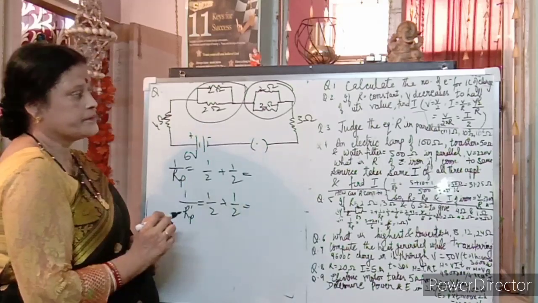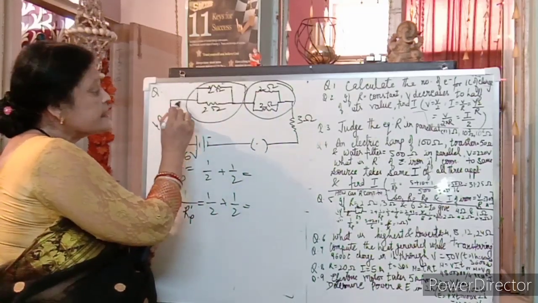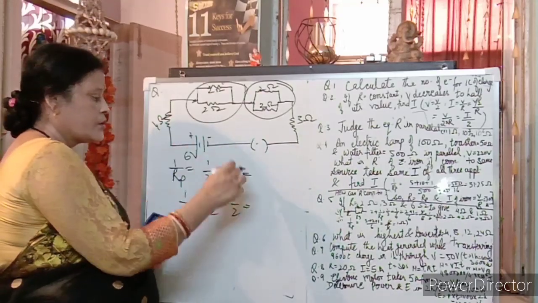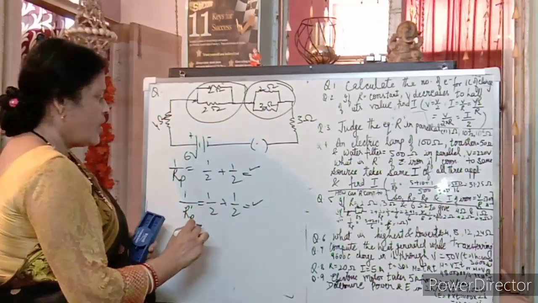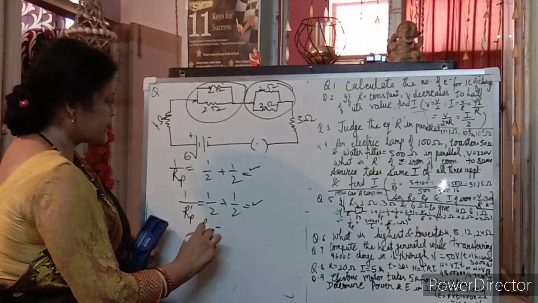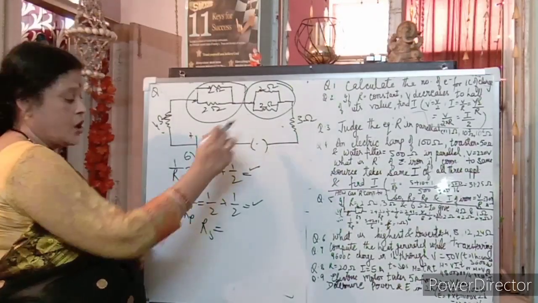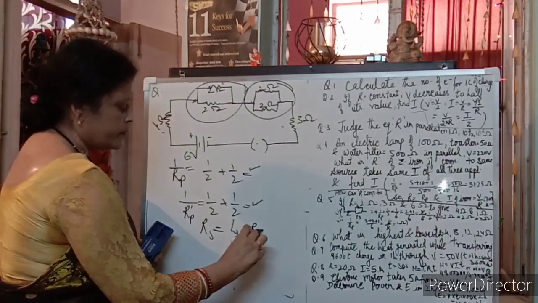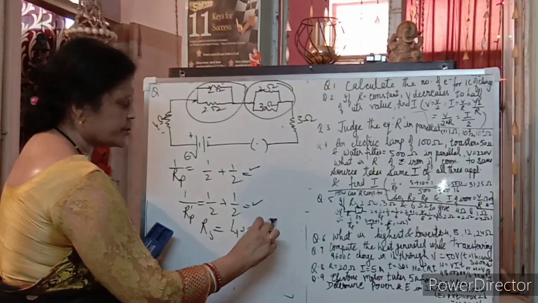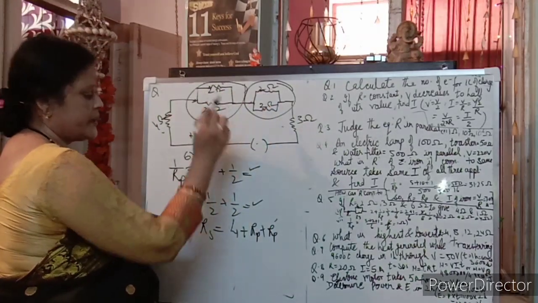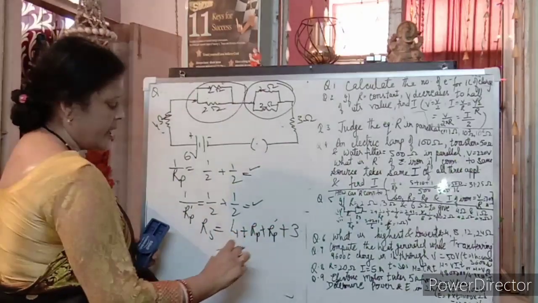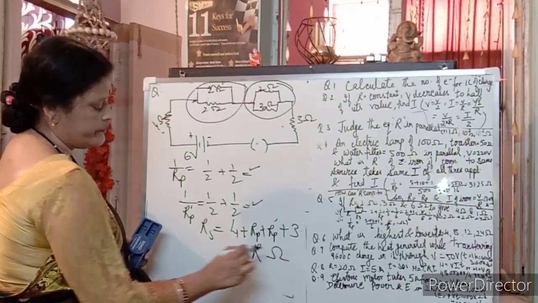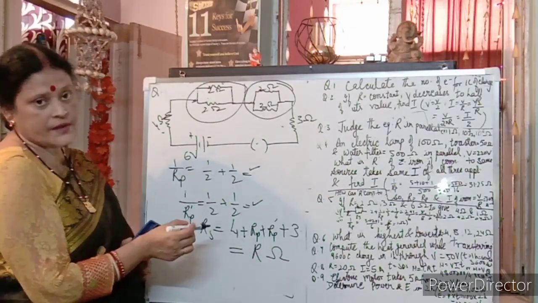You find the answer. Now these two are in the same wire, that is, in series, so the answers will all come in series. So 4 plus RP plus RP dash plus 3, and you get the total resistance in ohm. Can you solve this?